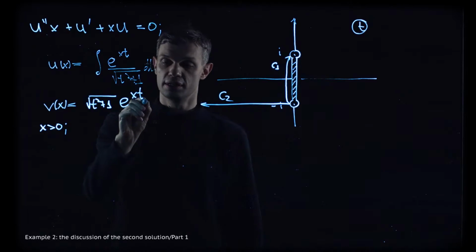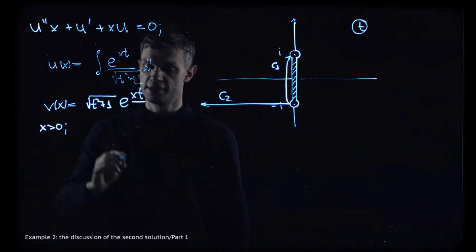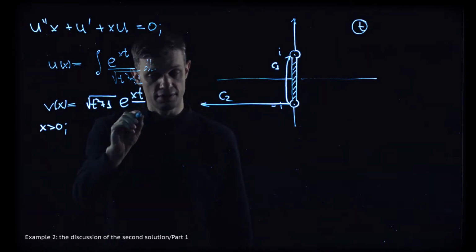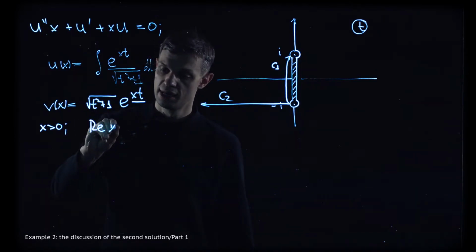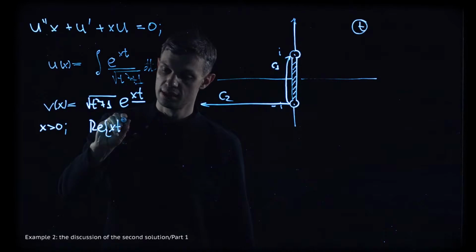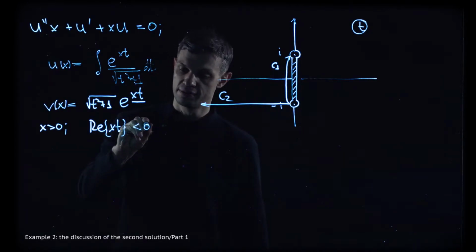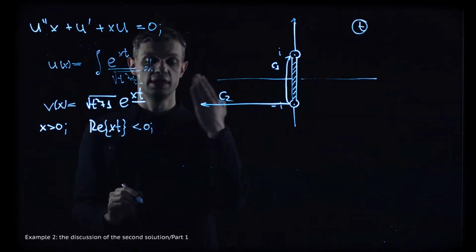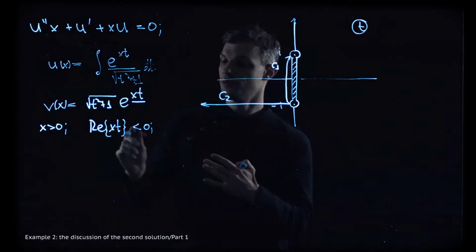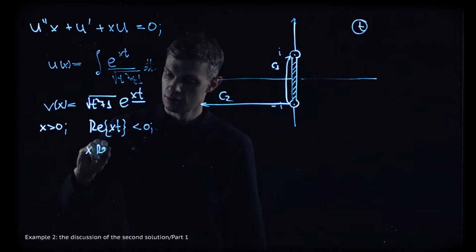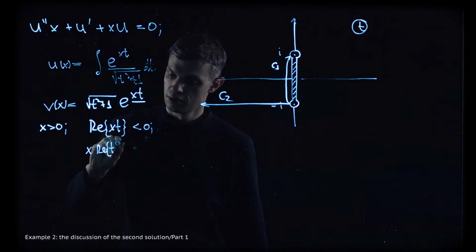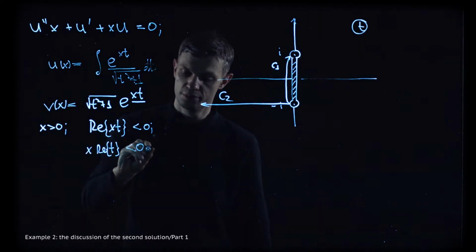Because the condition for the decay of this exponential is as follows: the real part of xt is negative. So when x is positive, the real part of t should be negative.